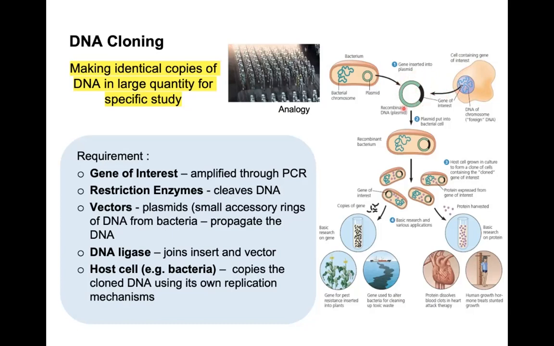So now we have the recombinant DNA or the recombinant plasmid. So plasmid ni akan put into the bacterial cell balik. So now the bacteria has become recombinant bacteria. So dia akan replicate sendiri. Okay? That is DNA cloning. Memang it makes identical copies of DNA in a large quantity.